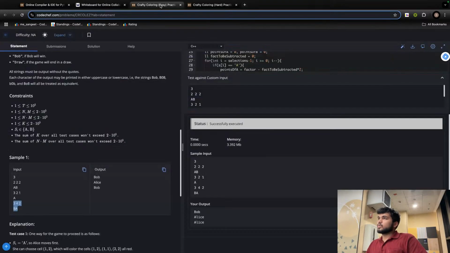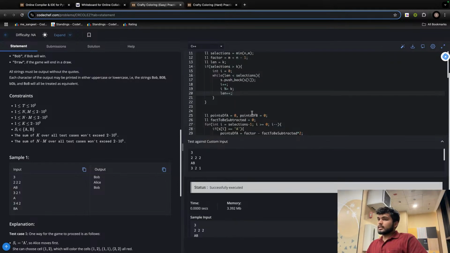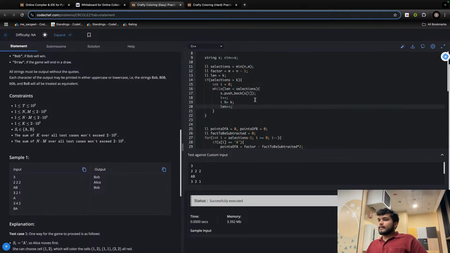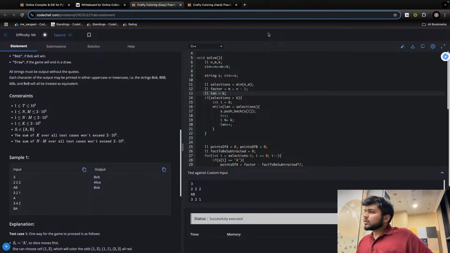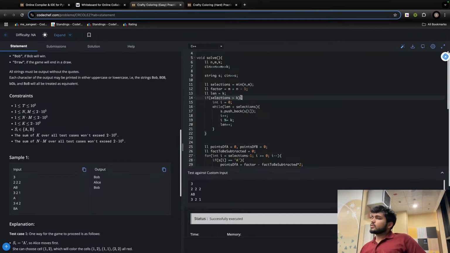I don't know why we are giving Alice as the answer. Let us see. We selected the minimum. Okay, and if the number of selections is greater than k, then start i at 0.